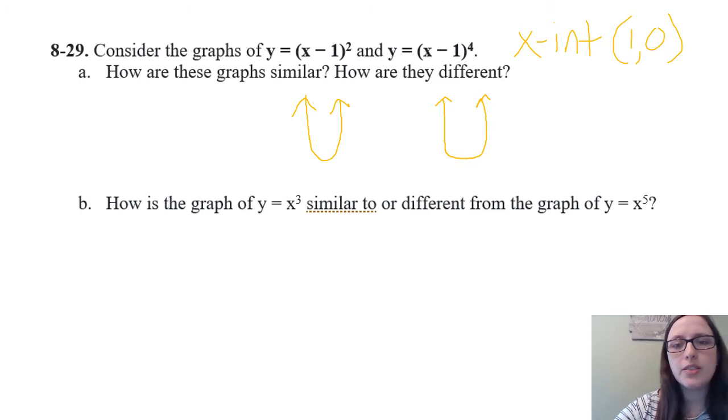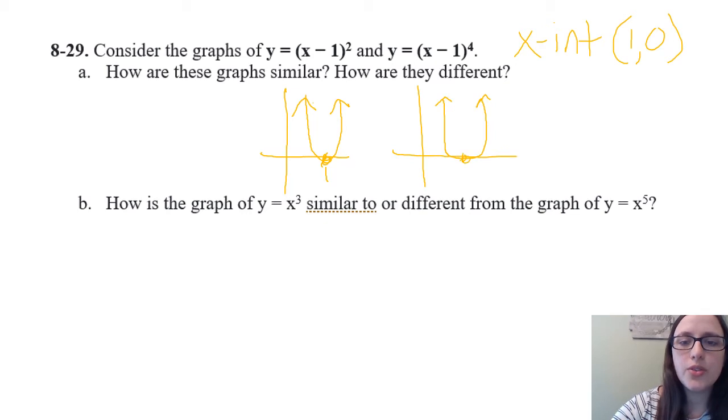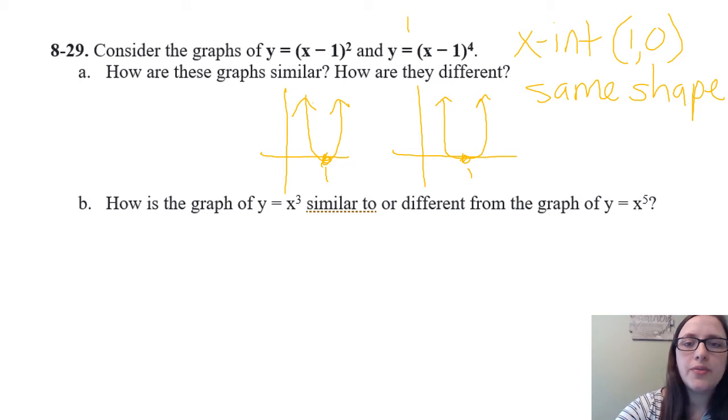It's both x minus 1, so they both have a root at 1. So I can sketch a graph right here where that's 1, and that's also 1. And they're also the same shape, so they're both a parabola. It's just that this one is a little bit wider than (x minus 1) squared.